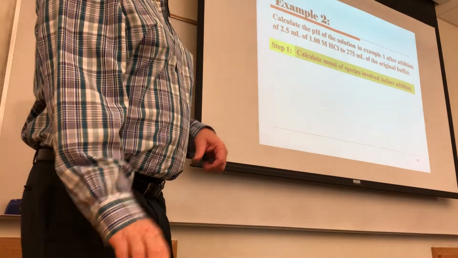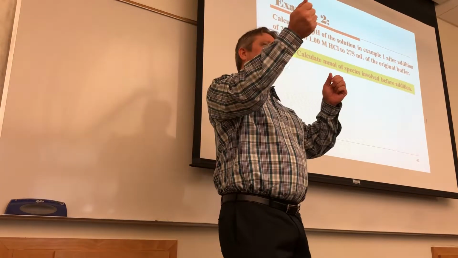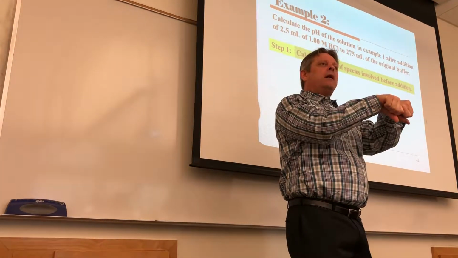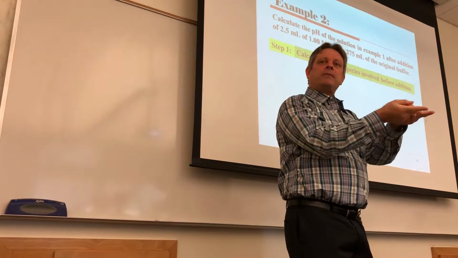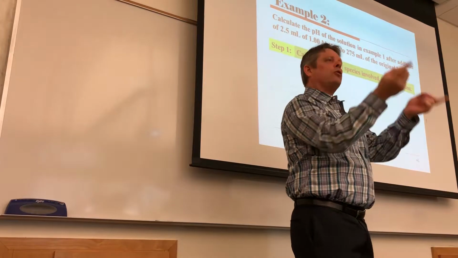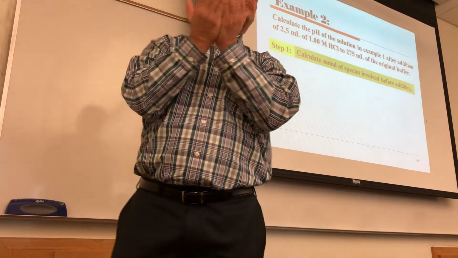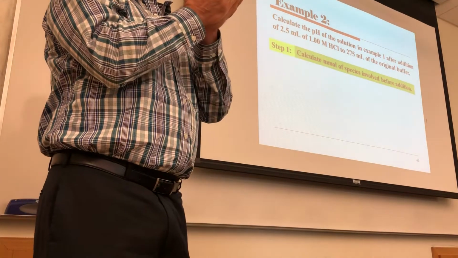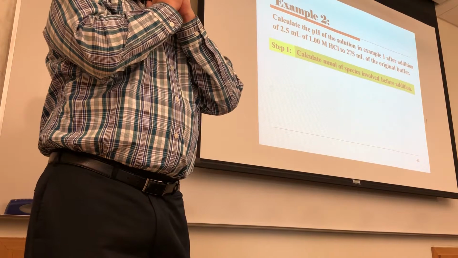A lot of these questions are going to ask you, what do you add? How much are you adding when you take one thing and another thing and you mix them? But the concentration is the moles of whatever it is in the total mixture divided by the total volume. And that's the molarity, the concentration that you're going to put in when you're determining the new pH based off of a buffer system using the Henderson-Hasselbalch equation.